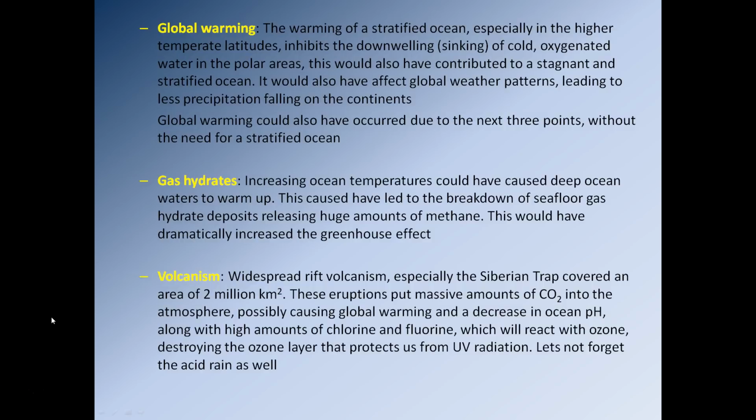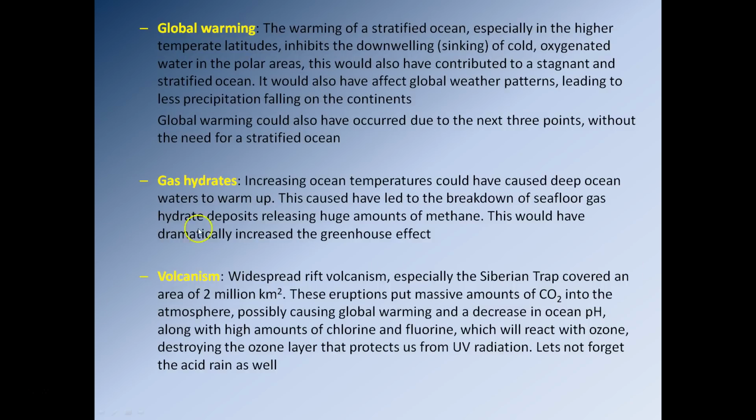So slowly over time, if you have a big enough eruption going on for a long enough time period, the quantities of chlorine and fluorine going up into the upper atmosphere will slowly begin to degrade the ozone layer, which of course leads to increased quantities of ultraviolet radiation making it to the surface of the Earth.